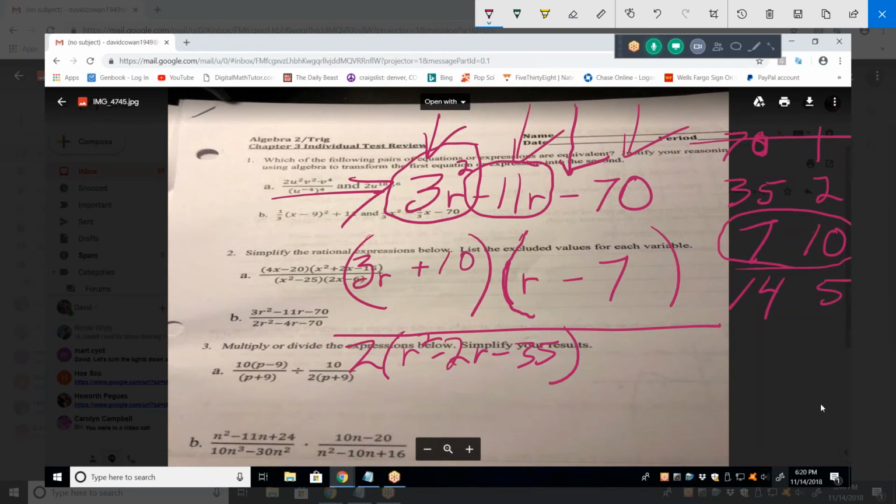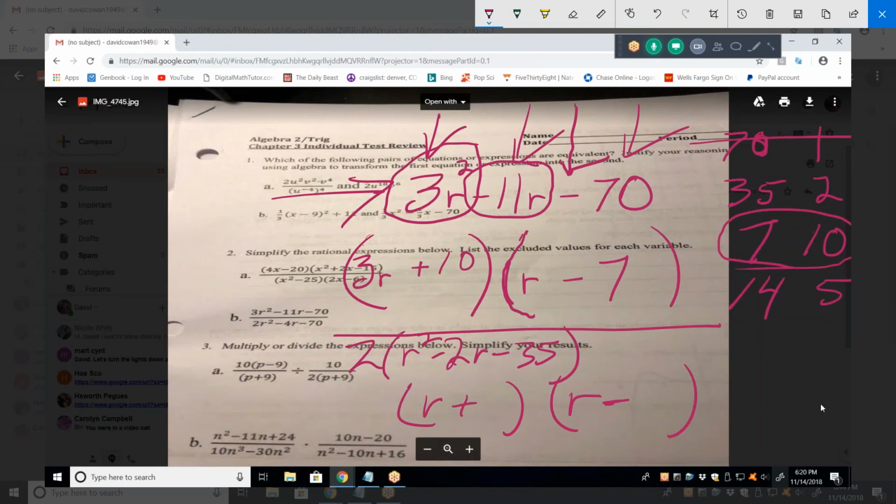So let's factor that. So it'd be r and r, and then plus and minus, and then vocalize the last step, like factors of 35 that do what?